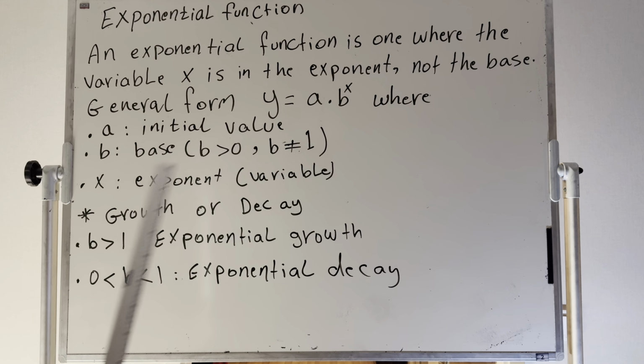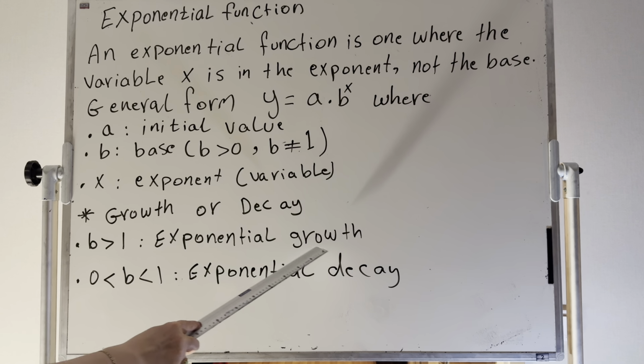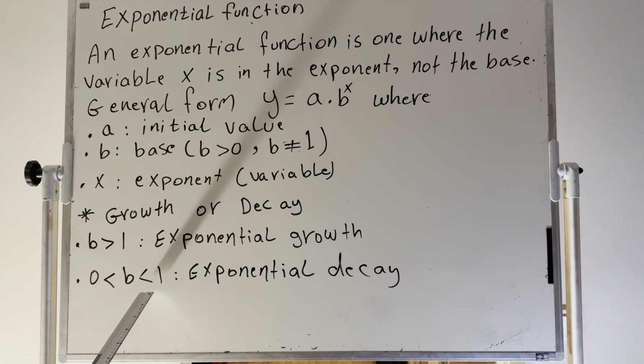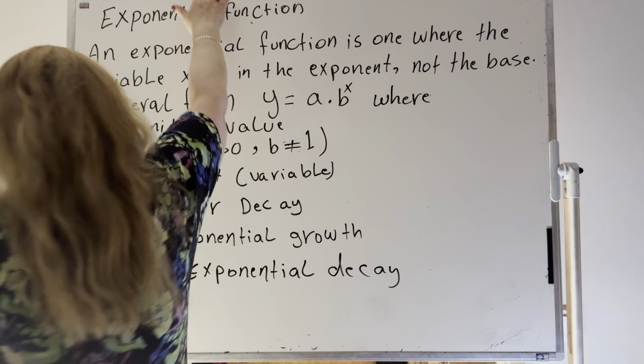Growth or decay: b bigger than 1 is exponential growth, and b bigger than 0 and smaller than 1 is exponential decay.